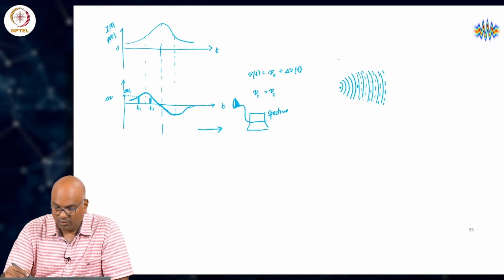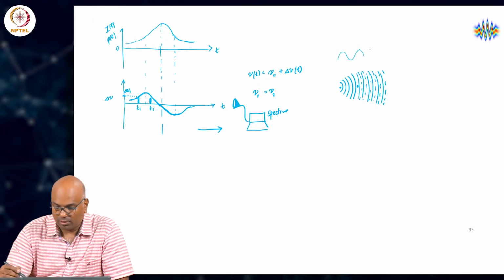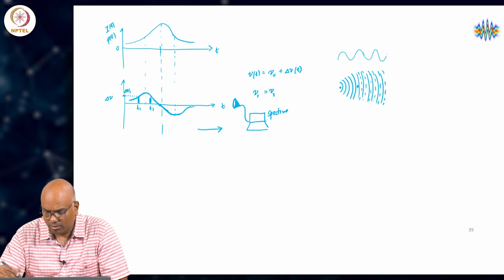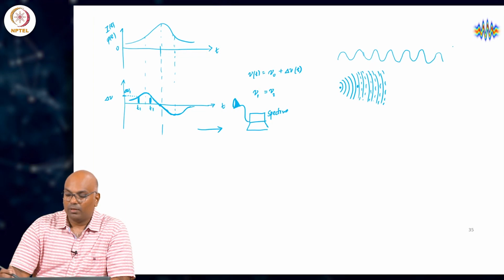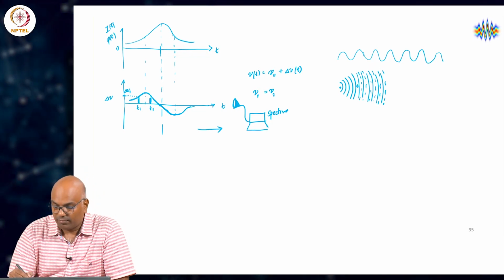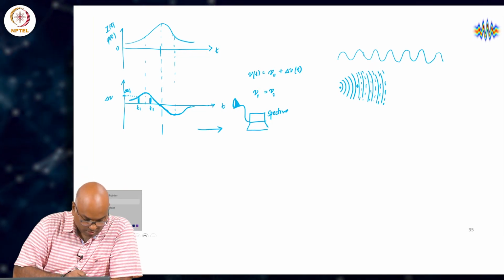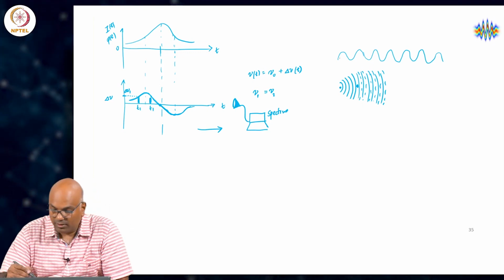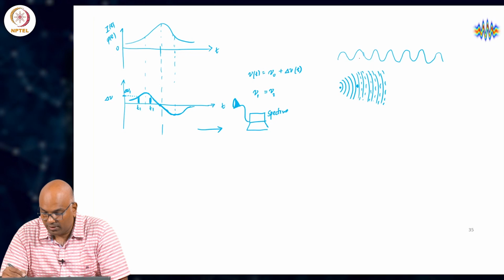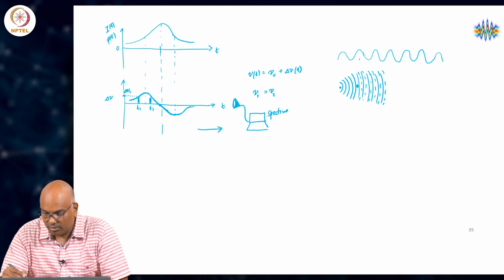So therefore, one source produced this wave, okay. The next source could have, it starts say here, right.